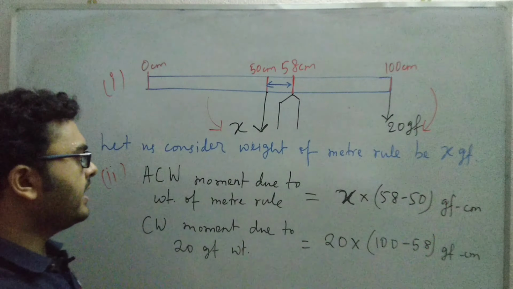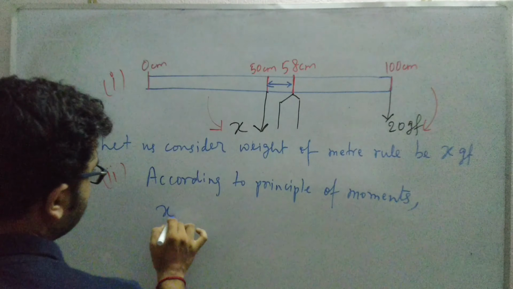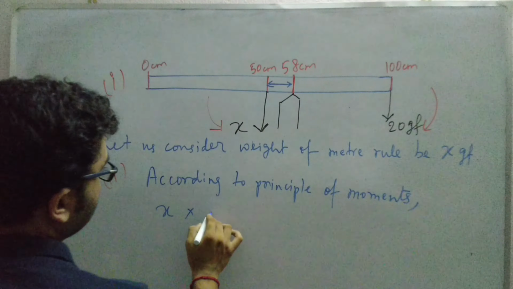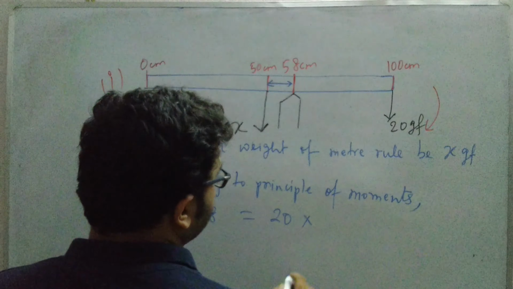So now, according to the principle of moments, we can say that x into 8 will be equal to 20 into, what is 100 minus 58? It's 42.